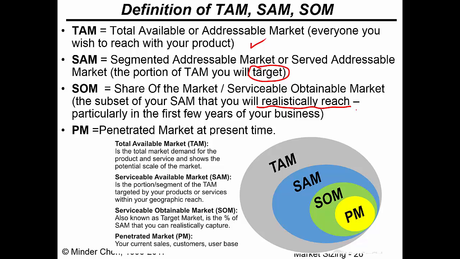So if you have this information as a startup company, you already are generating revenue, you definitely want to include this, because not only is this an indication of your potential profitability, but you can also use the penetrated market data to estimate the SOM, SAM, and TAM to a certain extent from a bottom-up approach.